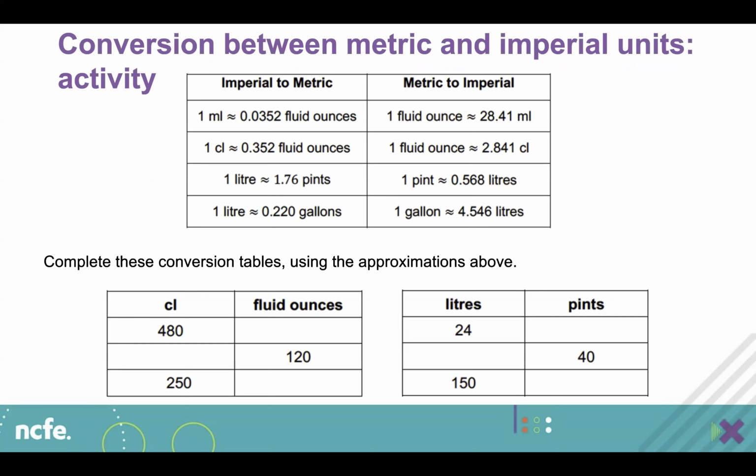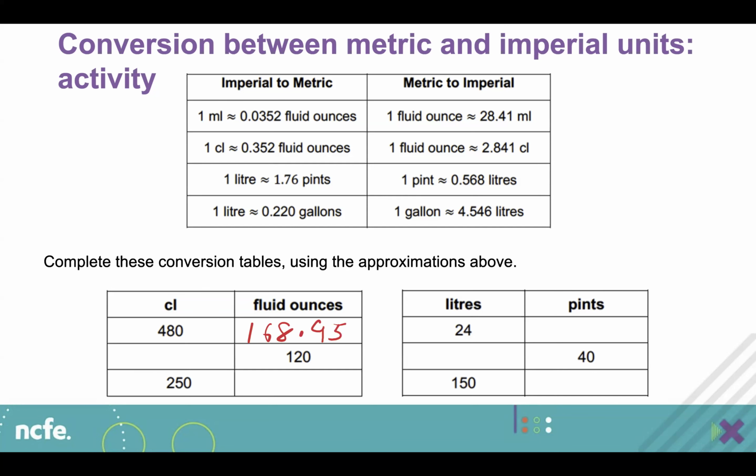One is 2.84. So you do 480 divided by 2.84 equals, to two decimal places, 168.95.